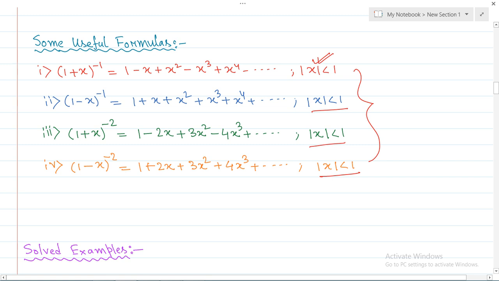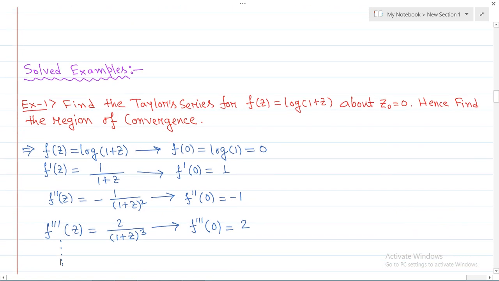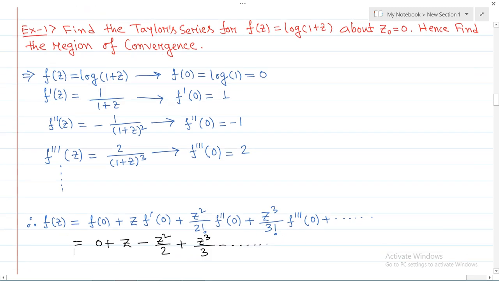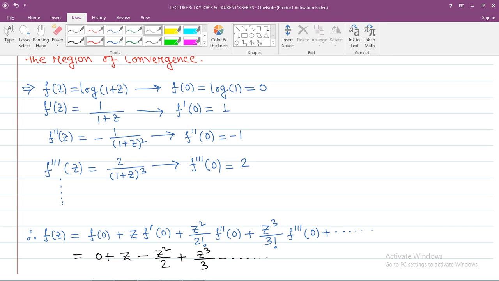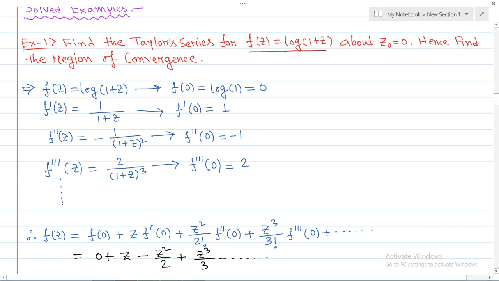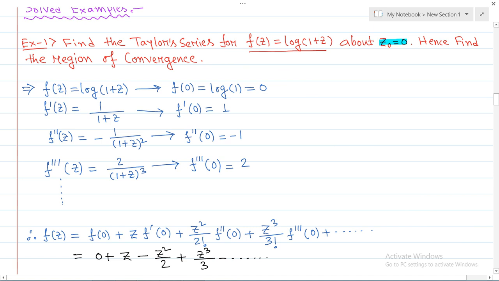Now we will come to the solution of problems. So let us come to the first question. There is an easy question. Here we have to find the Taylor series expansion of the function f of z equals log of 1 plus z, right? Log of 1 plus z, and about which point it is given, about z0 equal to 0.